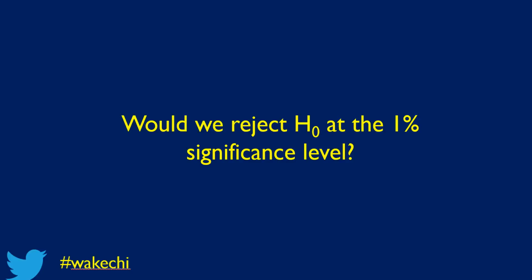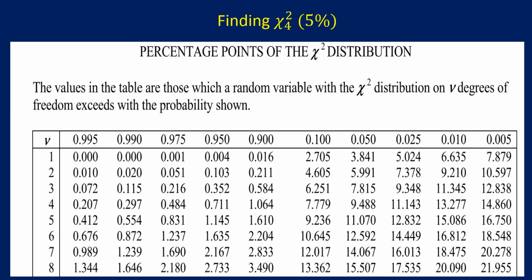So would we reject this at the 1% significance level? Let's go back to our table. Our degrees of freedom, we still have 4 degrees of freedom, but this time we go to 1%, and that's 13.277.